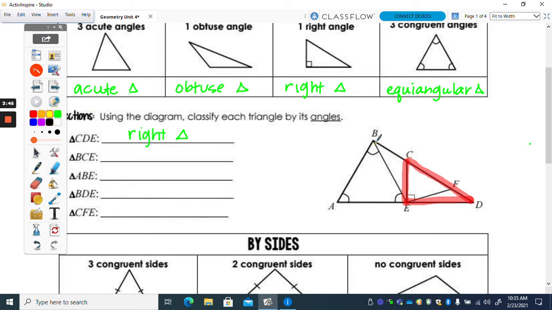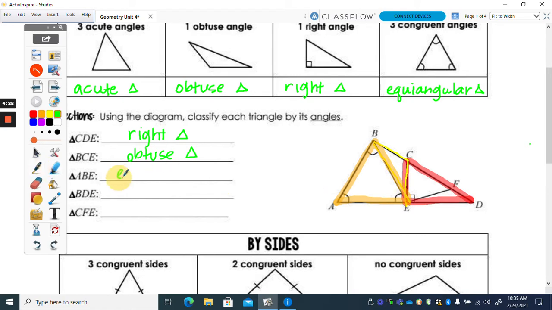Triangle BCE, which is this triangle right here, has an obtuse angle right up here. So this is an obtuse triangle. Triangle ABE is this triangle right here that has these three equal angles.